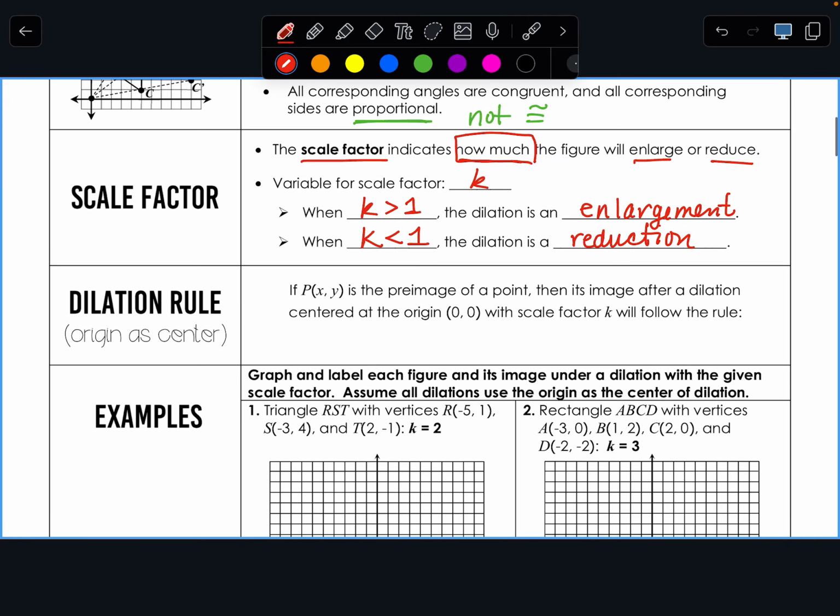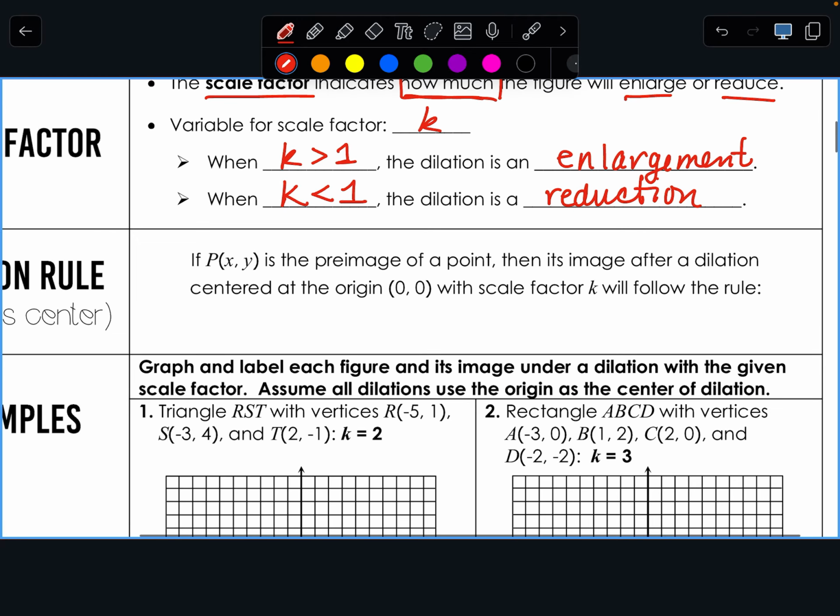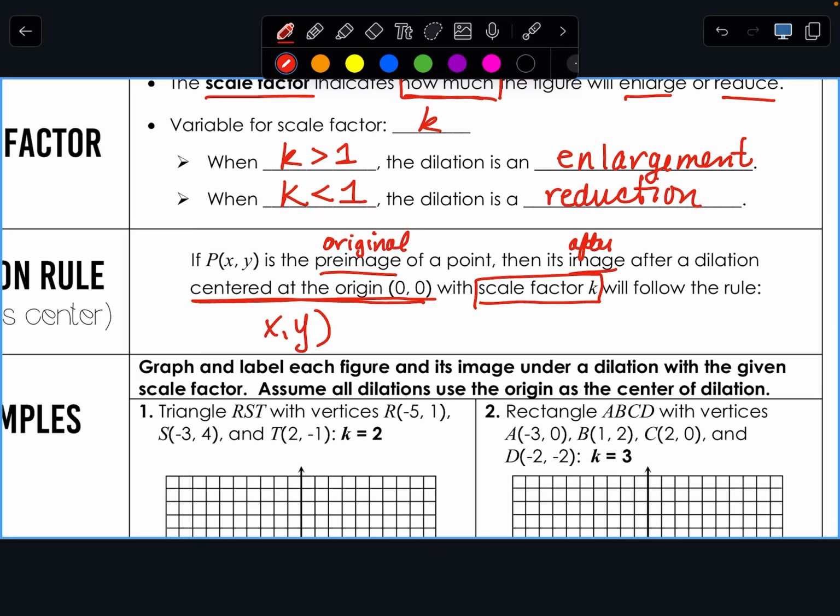So the dilation rule, here's the big words that says everything we gave in the rule yesterday. If the point P, which is given as xy, of the pre-image, that's our original drawing, then the image, that's the after, when it's centered at the origin, and we're only going to focus on those with a scale factor of k, then we take xy and we multiply k by both coordinates.